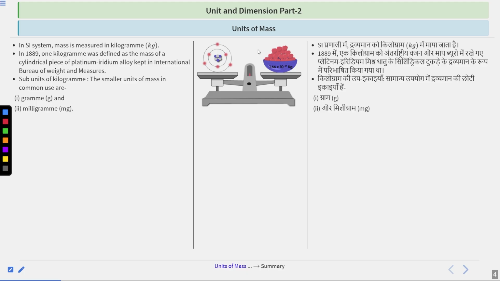Apart from kilogram, the other smaller units that we use are the gram and milligram. 1 gram is equal to 10 power minus 3 kg. 1 milligram is equal to 10 power minus 6 kg.